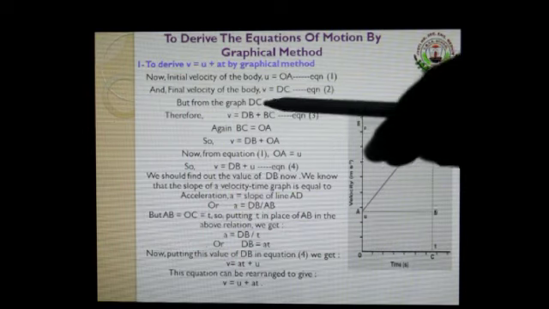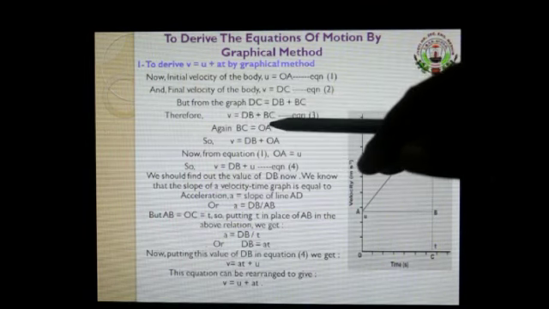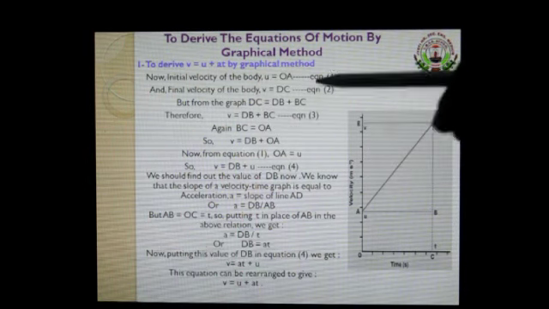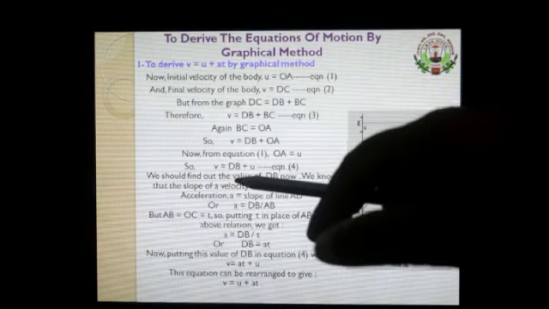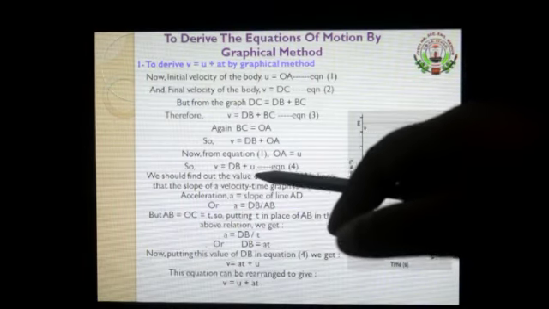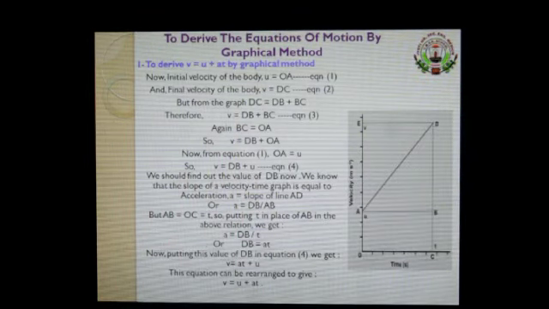Therefore, final velocity v is equal to DB plus BC. Let us take it as equation number 3. Again, BC is equal to OA, that is the initial velocity. So v is equal to DB plus u. That is our equation number 4. We should find out the value of DB now.